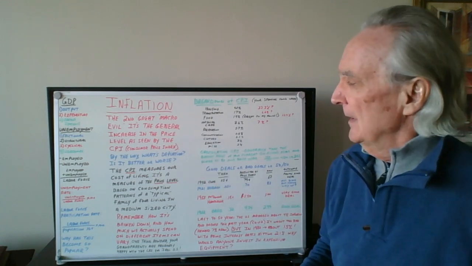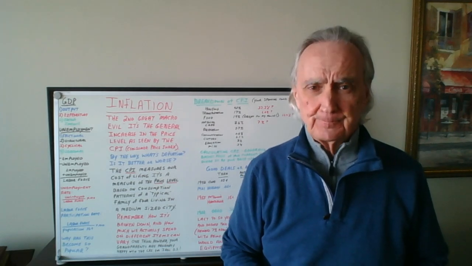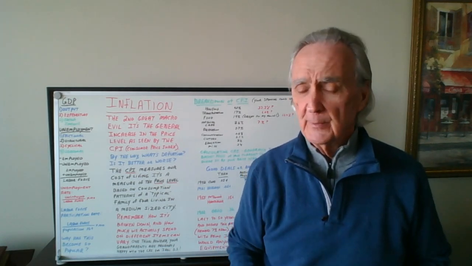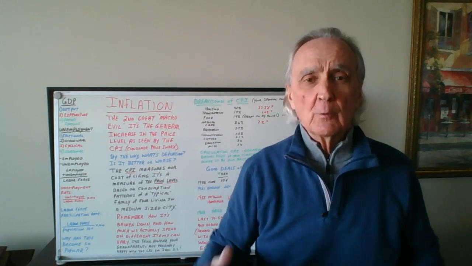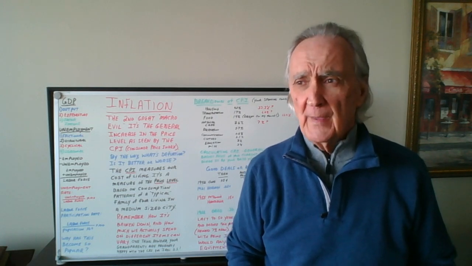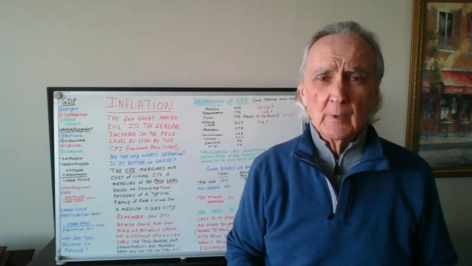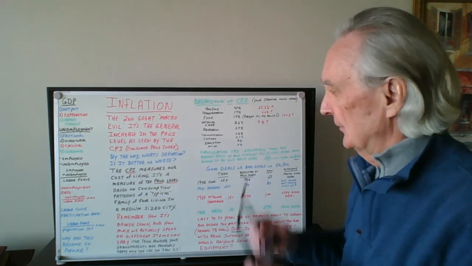Okay, and by the way, what's deflation? Well, deflation, and we'll look at it a little bit further in just a few minutes. Deflation is the general lowering of the price level, and that can be worrisome for a government as much as inflation. We'll talk about that again in just a few minutes.